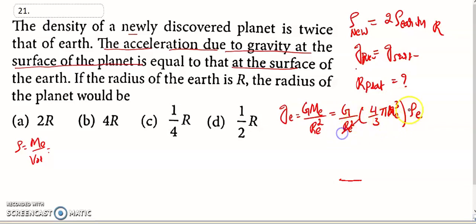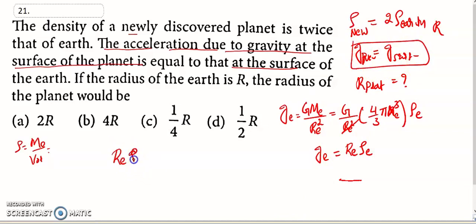So one r gets cancelled. The capital G is the same, 4 by 3 pi is the same, so RE and the density of Earth are related to the radius of the new planet and its density.